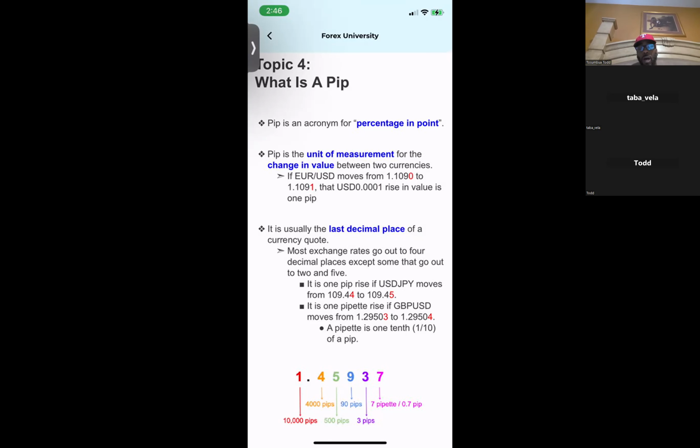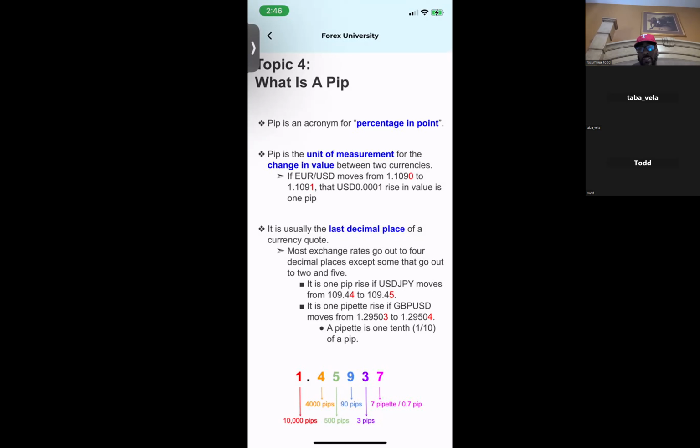The JPY is a little bit different. When there's a JPY on the end, it's going to be the 3rd decimal place. So you're going to have a number over here, you're going to have a decimal, and it's going to be 3 positions only, okay? So in that case, you need to adjust your pip count.